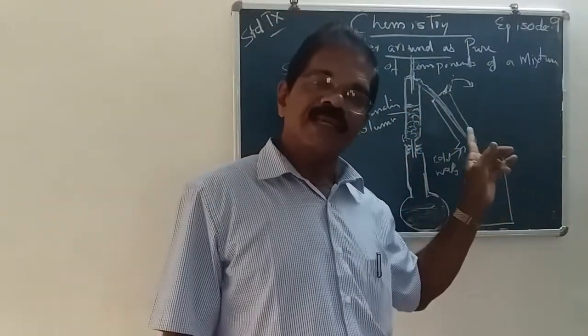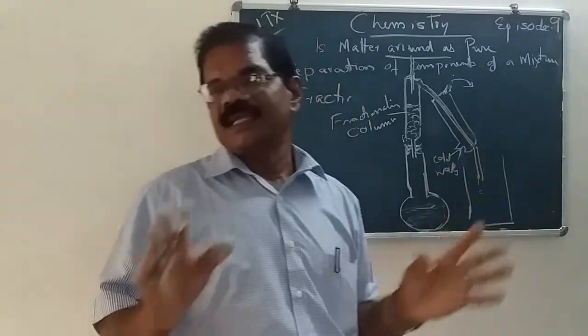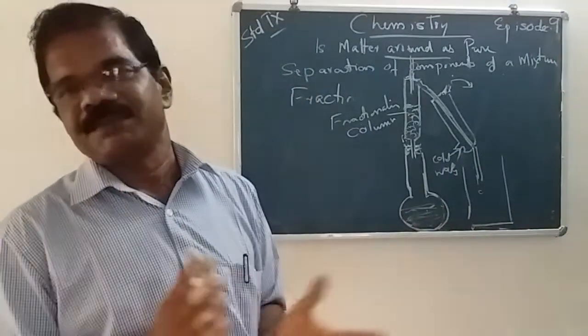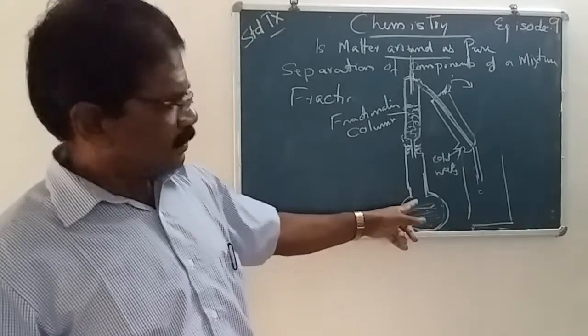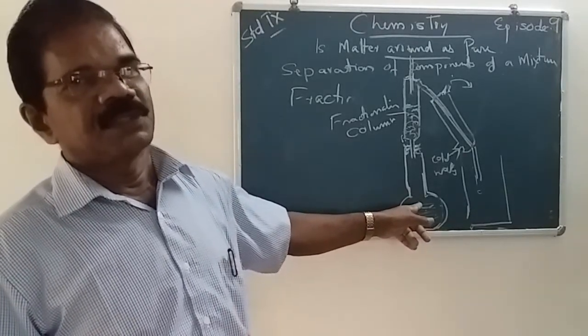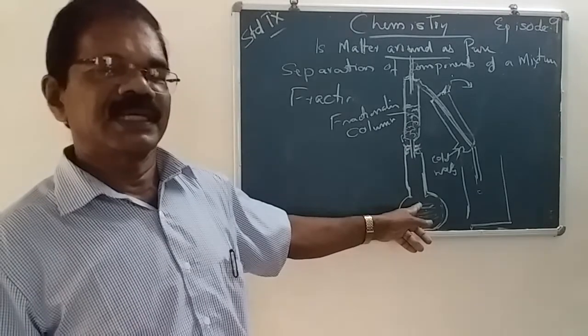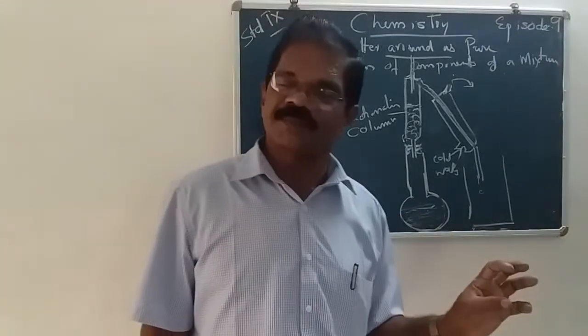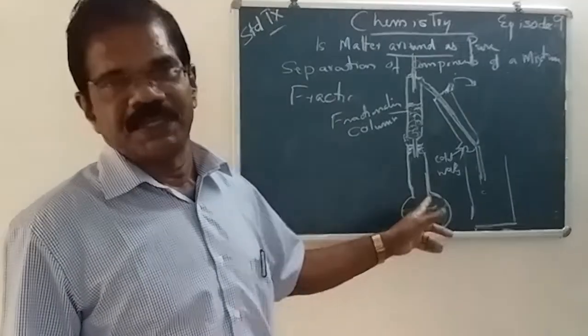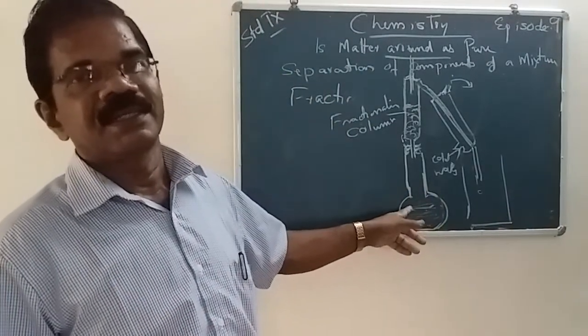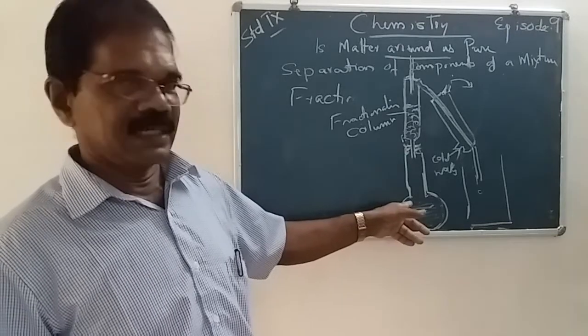So commonly it is used where there is a very slight difference between the boiling points of the two liquids taken. The two miscible liquids where their boiling points differ very little, that is less than 25 degrees centigrade, we use fractional distillation.